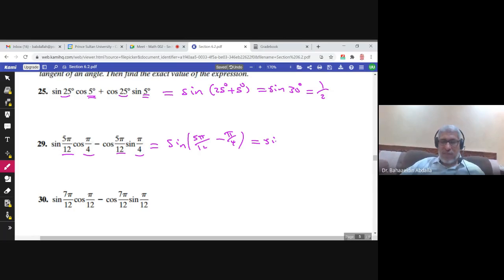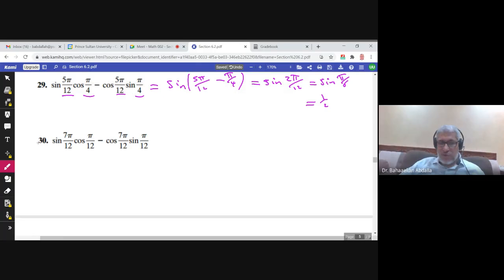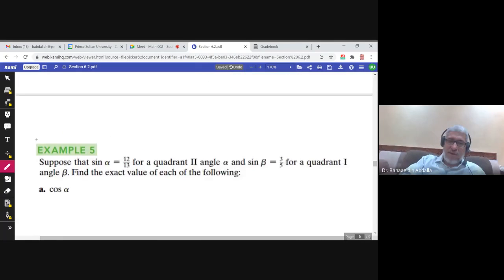So this is sine of 5 over 12 minus 3 over 12. You can use the calculator, or this is 2 pi over 12, and 2 pi over 12 is just pi over 6, and sine pi over 6 is just half. Okay, please do this one similarly.